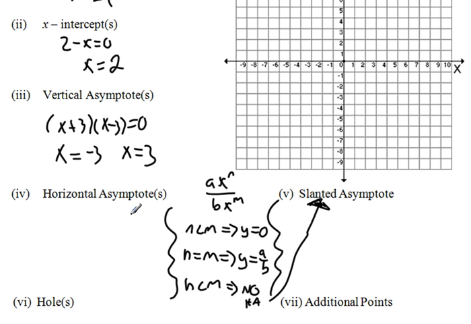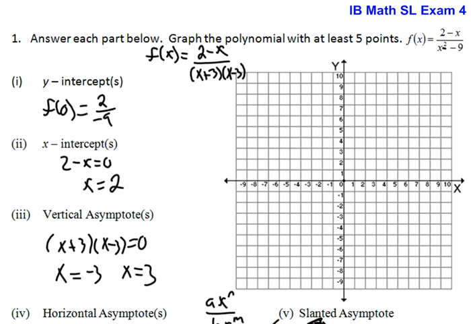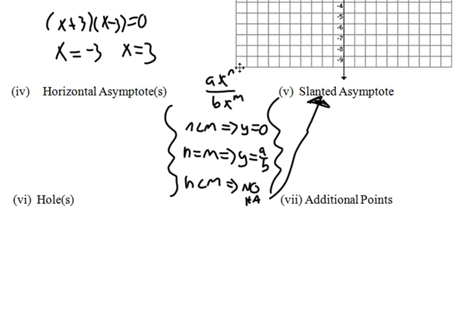Horizontal asymptote. If we go back and look at our original problem, the numerator degree is 1 and the denominator degree is 2, so n is less than m. That means we have a horizontal asymptote at y equals 0.